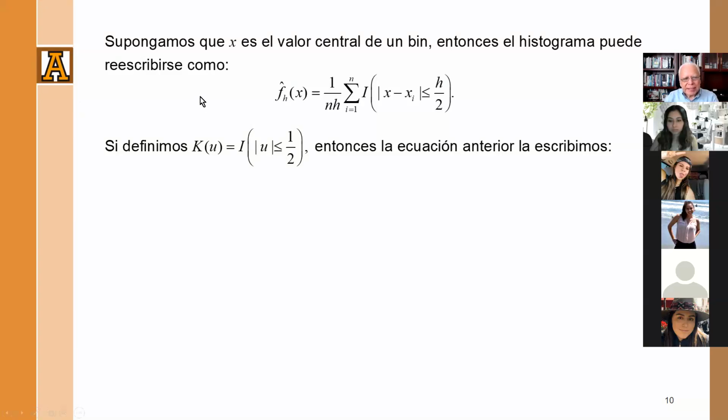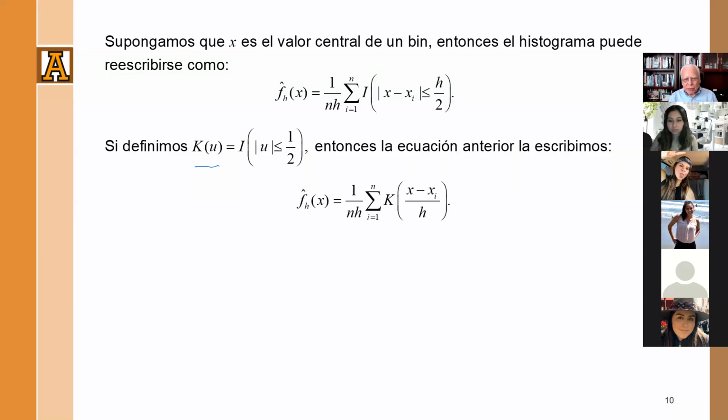So if we write this equation, instead of writing this indicator function, we can think of this as a function K of u, which depends on the distance to the middle of a particular interval.